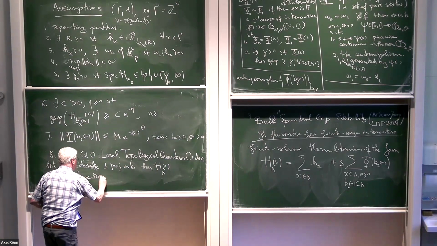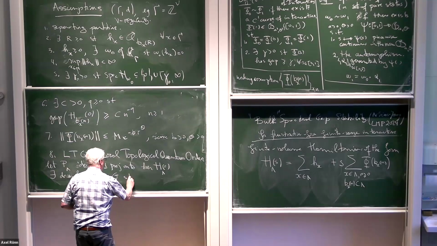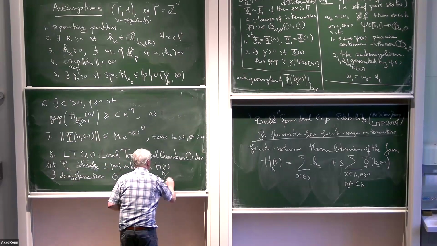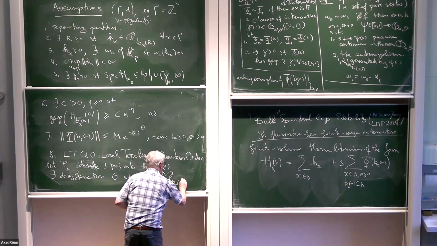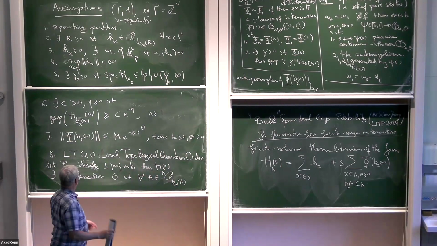I'm going to call it capital G, such that for all A and some finite ball, and I will put the rest of it on the next board.